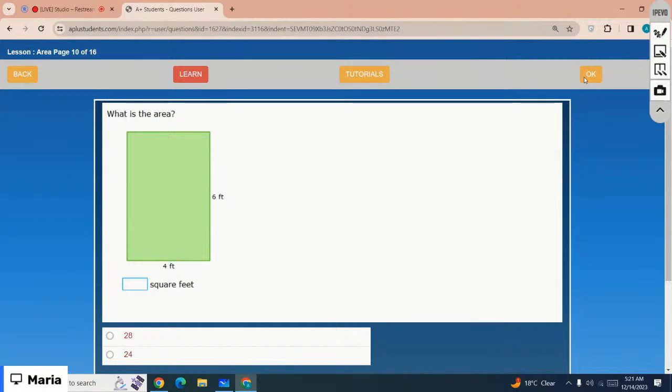Okay, what is the area? Which is the correct option? Yes, the correct option is 24 square feet, right?